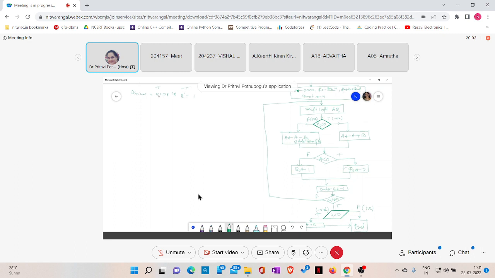Let me take the sign bit also. I take 4 bits along with the sign bit. Extra bit I'm taking. 1 1 0 1 1. Complete. And say dividend.